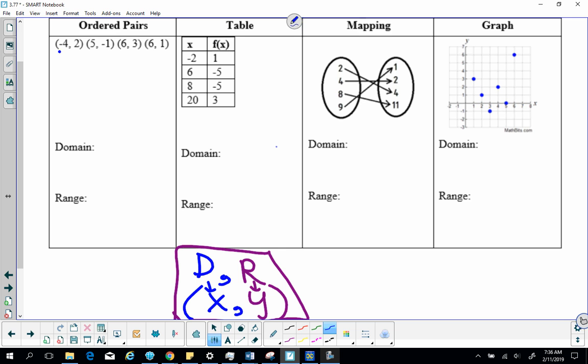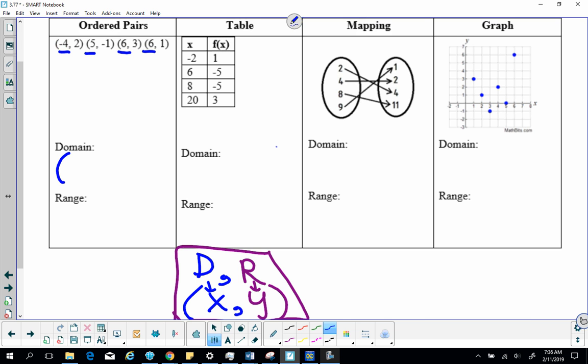So I'm going to underline or highlight in your case all the first numbers in each point. So you're going to highlight all the first numbers and whatever you chose for that D in your first point. And so my domain are just all my X coordinates.